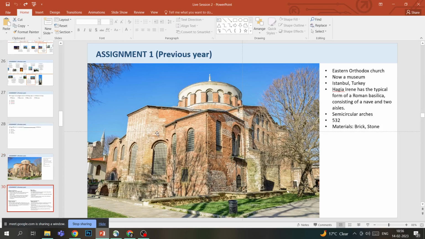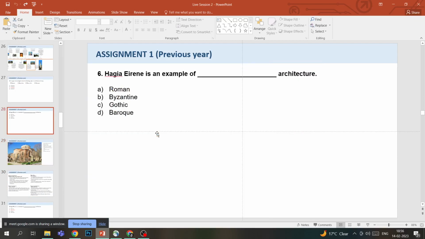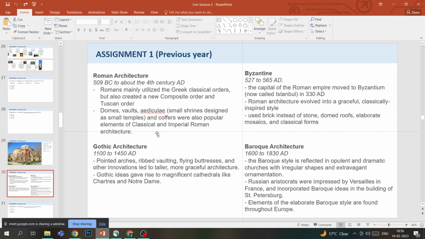Roman, Byzantine, Gothic, and Baroque. I have just written quickly some of the important features of all four of these. So the Roman architecture was characterized with domes, vaults, small shrines. They were highly inspired by Greek classical orders and other things.